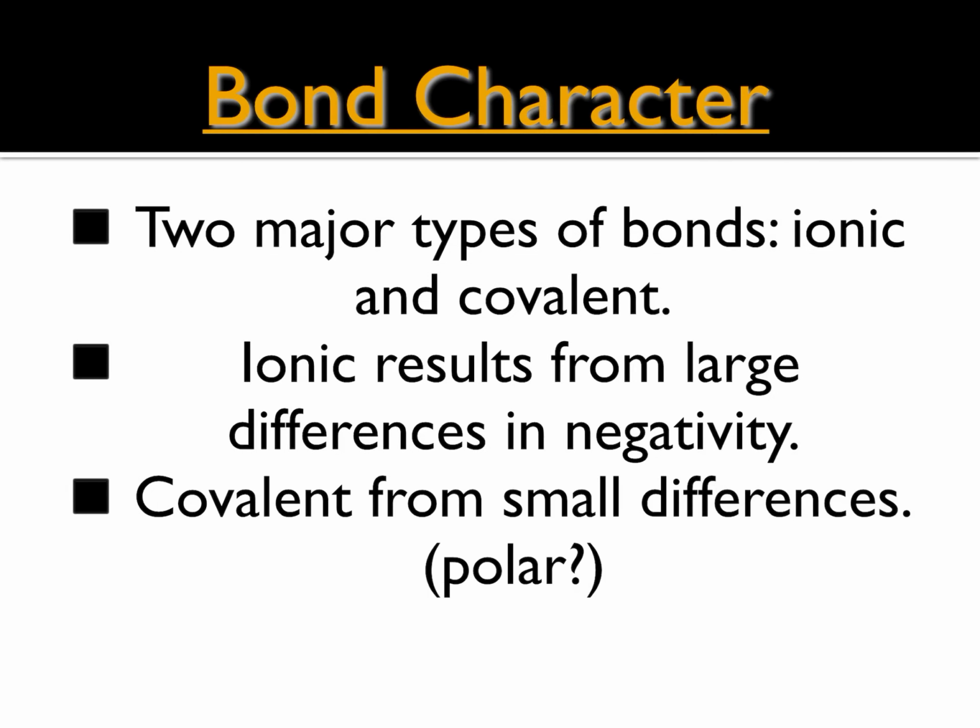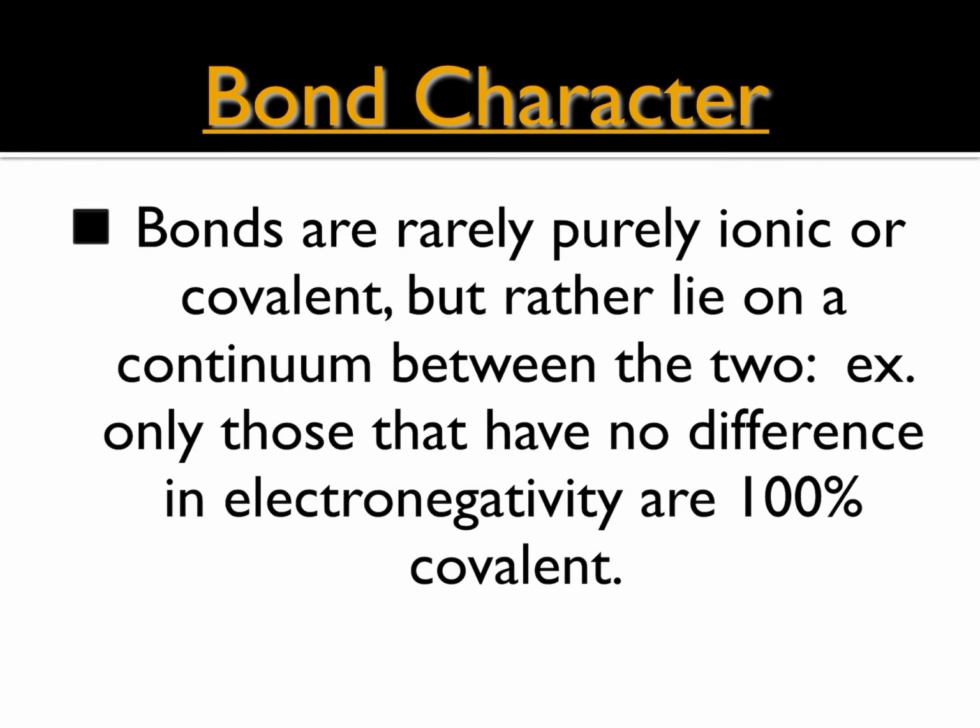All right, bonding mechanisms and properties. So ionic, you have to have large differences in electronegativity. Covalent, you have small differences. But again, I'm going to go back to that thing that we talk about what's called bond character. There is no pure 100% ionic or 100% covalent bond.